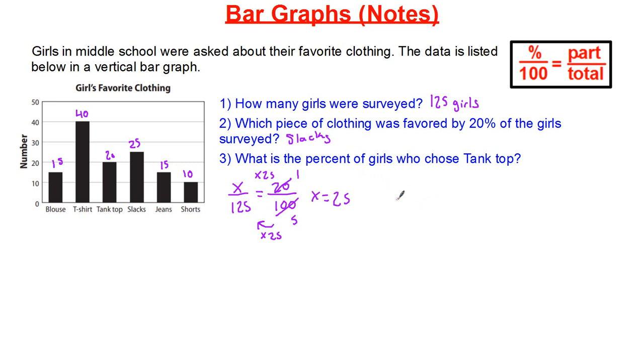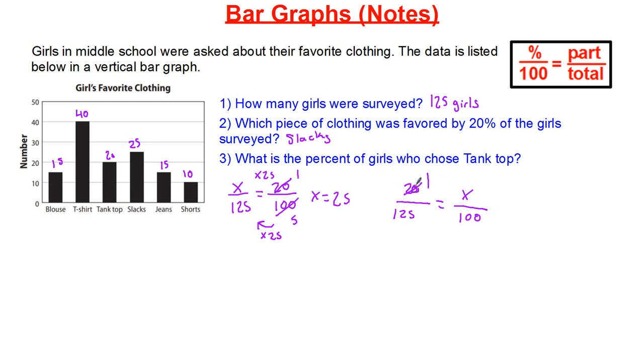All right, last one. What is the percent of girls who chose tank tops? Okay, so 100. The percent is what I don't know. It says what percent, so I don't know what that is, but I do know slacks is 25 out of the 125 girls. Now, I can simplify this. Oh, actually, is that 25 or is that 20?